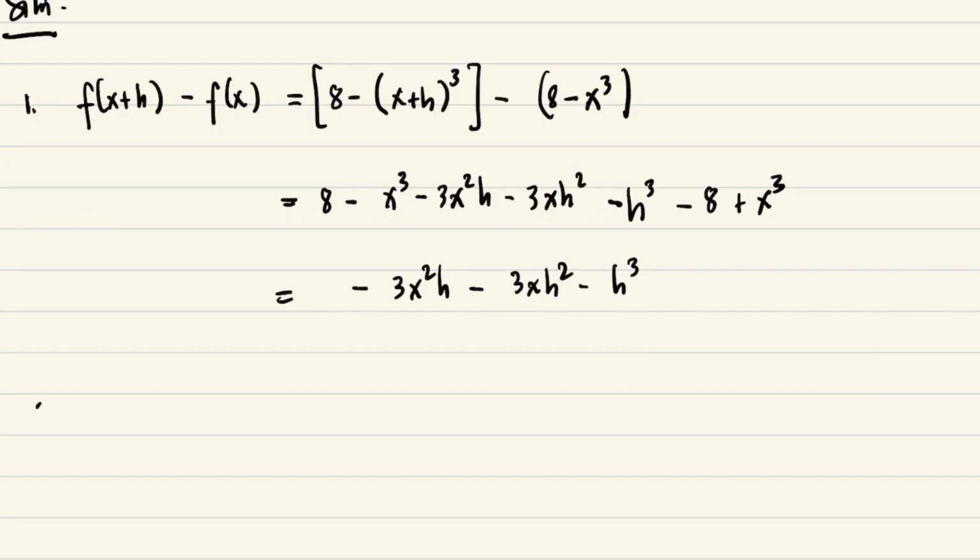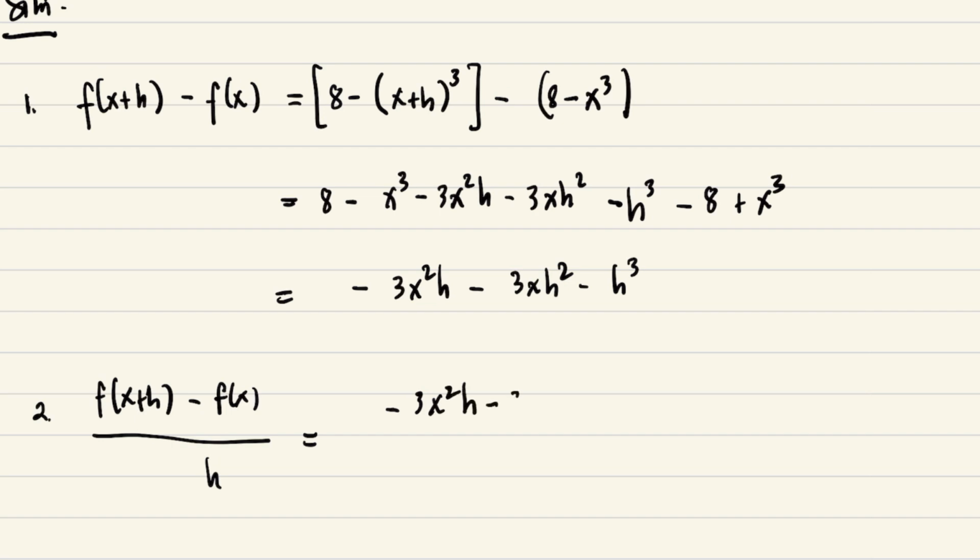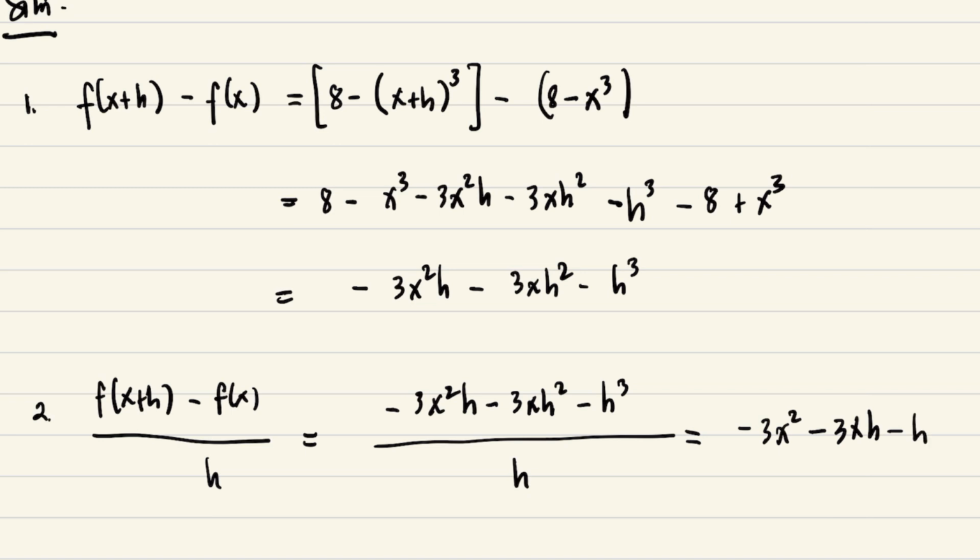For the second step, we divide f of x plus h minus f of x all over h. So that becomes negative 3x squared h minus 3x h squared minus h cubed all over h. And so we have negative 3x squared minus 3xh minus h squared.